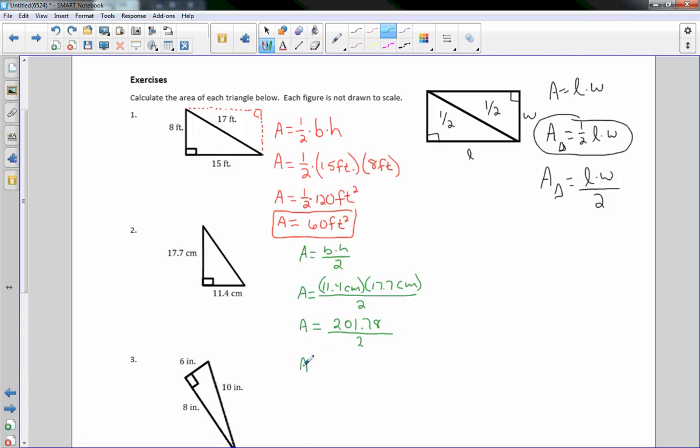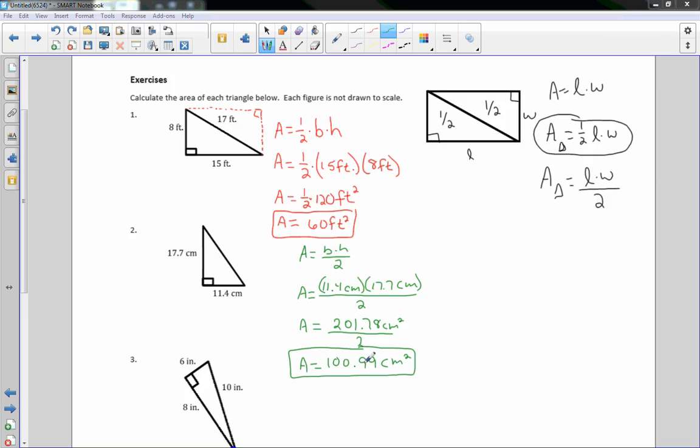So for the area of the triangle, 2 goes into 2 once, 2 goes into 0 0 times, 2 goes into 1 0 times, 2 goes into 17 8 times with a remainder, and 2 goes into 18 9 times. So the area is 100.89 centimeters. I should have centimeters here. Centimeters times centimeters is centimeters squared. So my answer is 100.89 centimeters squared.